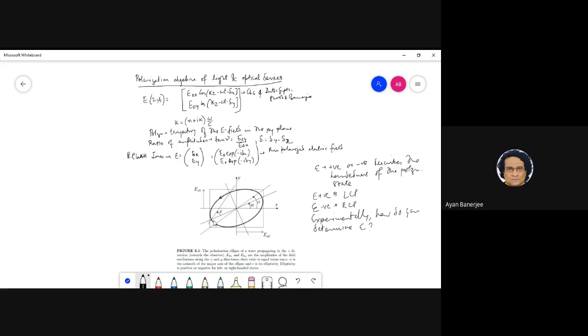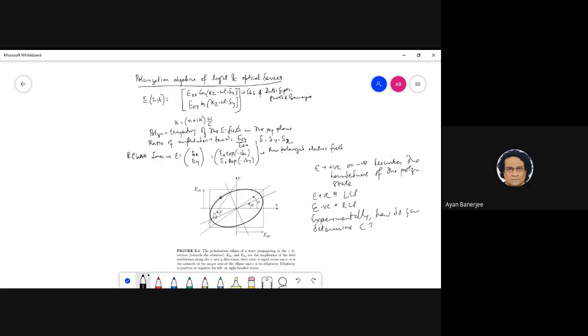So essentially, as you see here, these are my two axes, right? The alpha, the azimuth angle, is the angle between the major axis and the x-axis, okay?